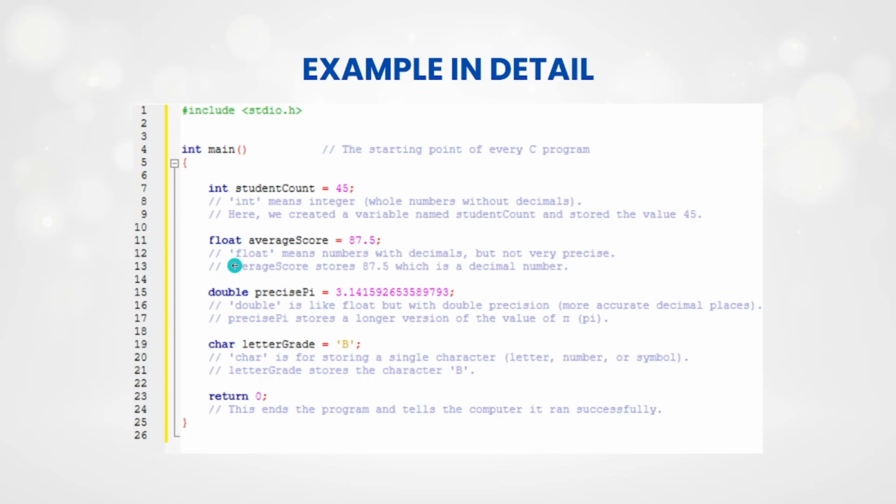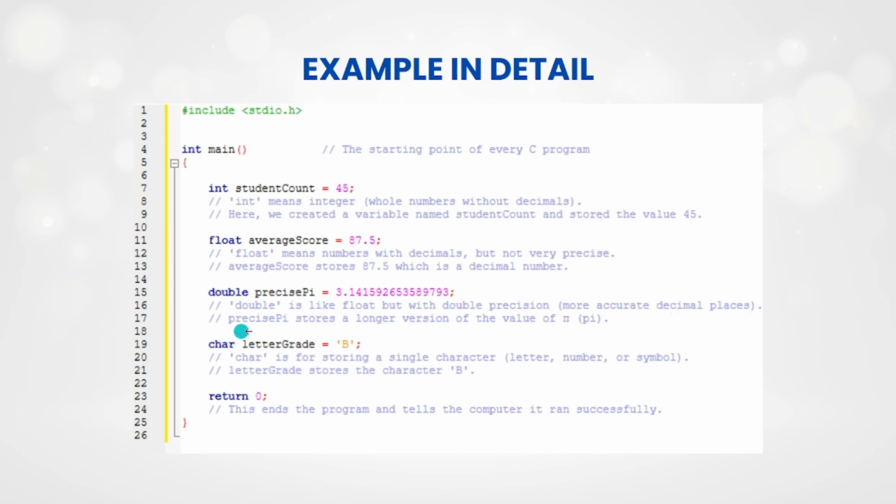Next is float. Float means numbers with decimals but not very precise. We have average_score, which stores 87.5, a decimal number. Next, double. Double is like a float but with double precision, more accurate decimal places.